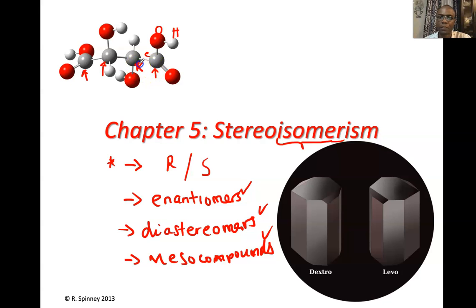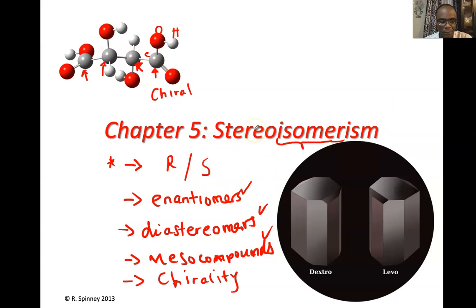That carbon is going to be termed chiral. So the other key term we will discuss is chirality. Make sure you are comfortable with these terms: enantiomers, diastereomers, mesocompounds, and chirality.